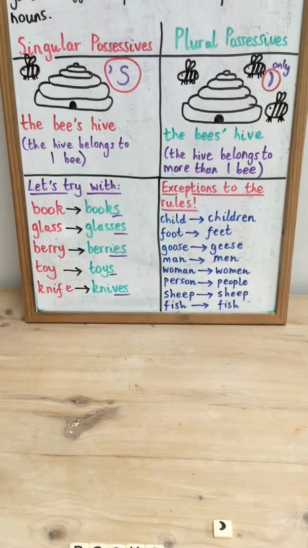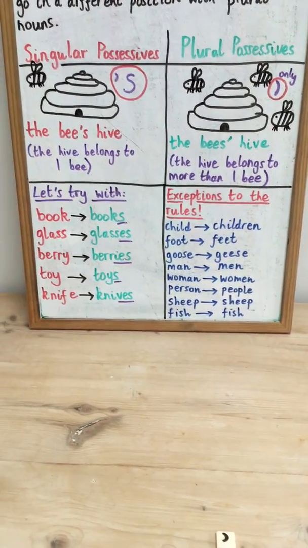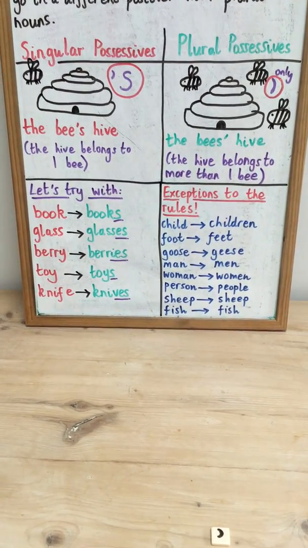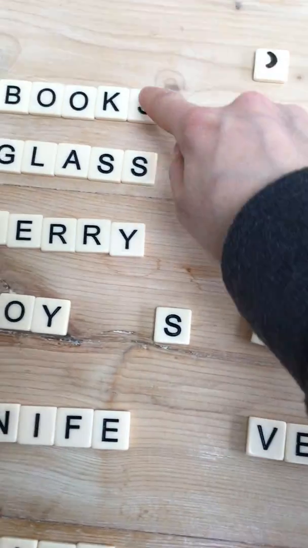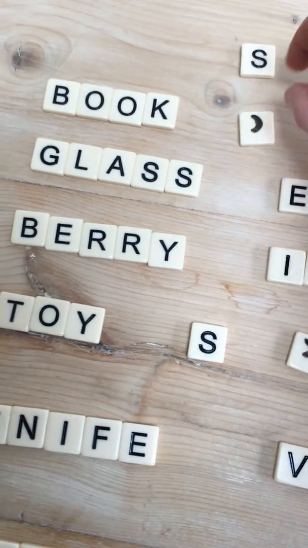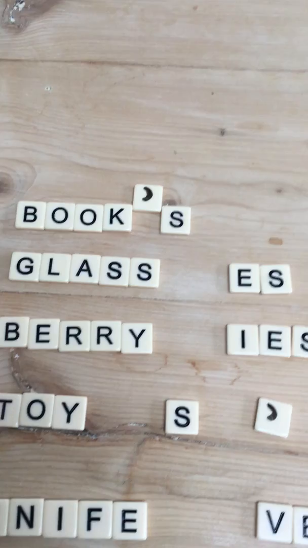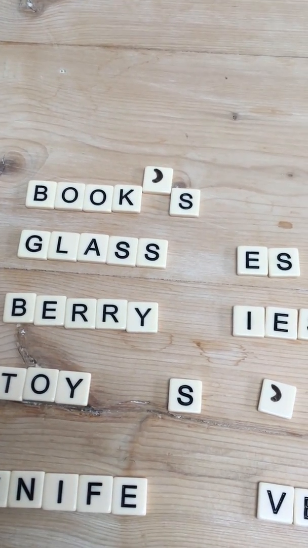Now the sentence that I want to say is the book's front cover. So if we look at that in a singular form first, so if I've got one book and I want to say the book's front cover, this is how I would show it. I'm going to put my apostrophe in before the S. So this shows one book, the front cover belonging to one book.